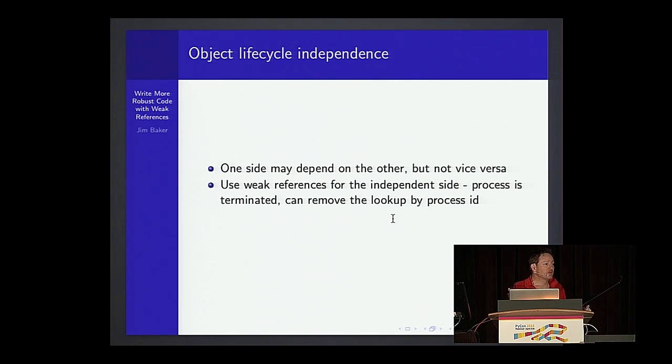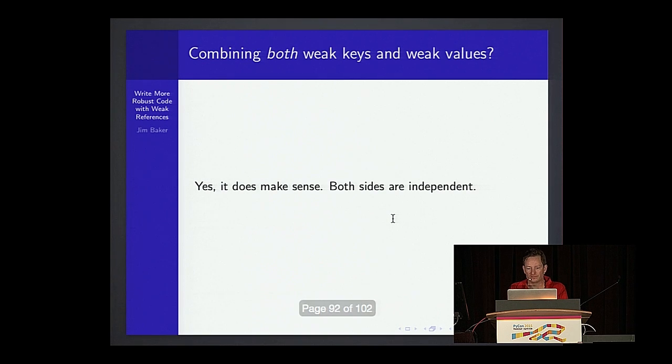So you're going to use weak references for the independent side. If the process is terminated, you no longer need to look it up by process ID. It no longer matters, right? Select a weak value dictionary. Could you combine both ideas together? Well, yeah, both sides could be independent.